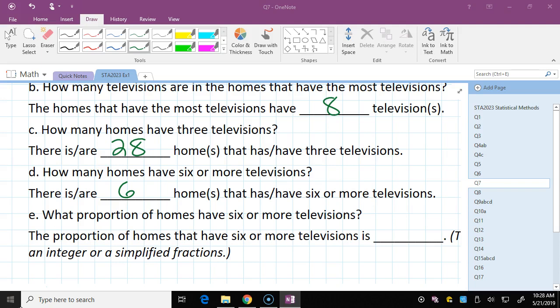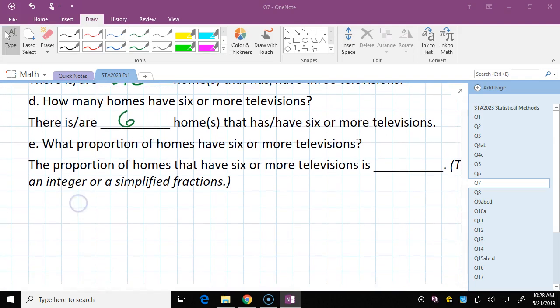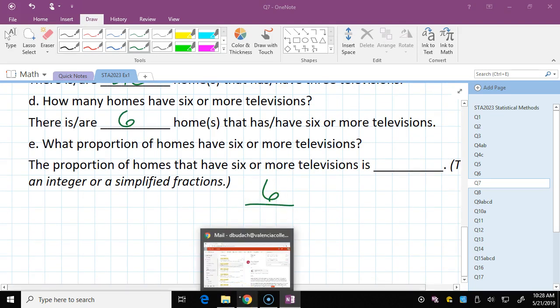Now this is the one that I actually had to use the calculator on real quick. It says, what proportion of homes have 6 or more televisions? Well, we know how many have 6 or more. How much is that? 6. Out of what's the total? 95.